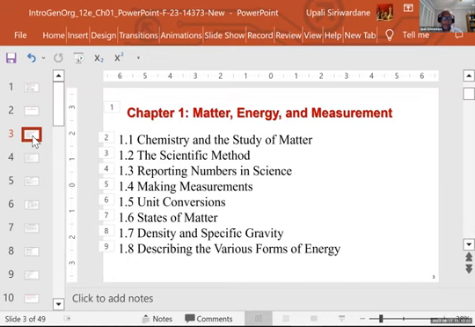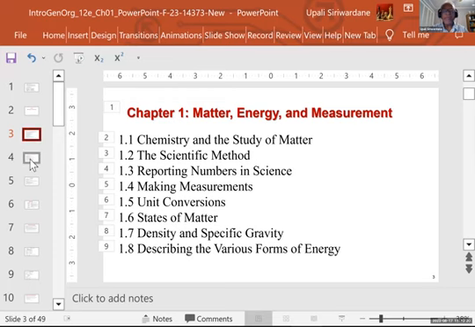Last time I went over chemistry and the study of matter. We talked about chemistry, chemical change, physical change, and a little more detail about chemistry.